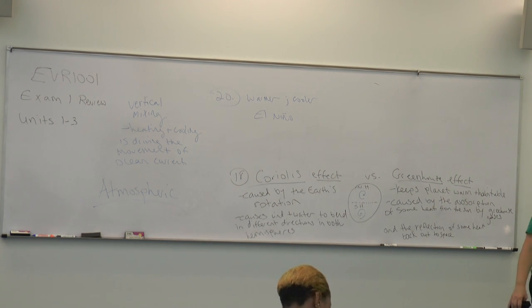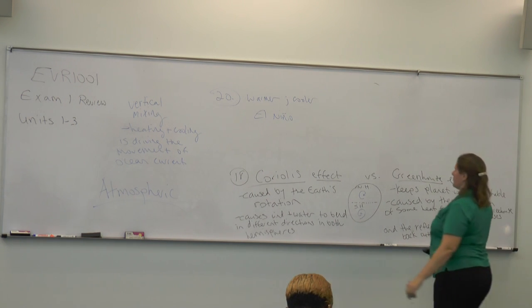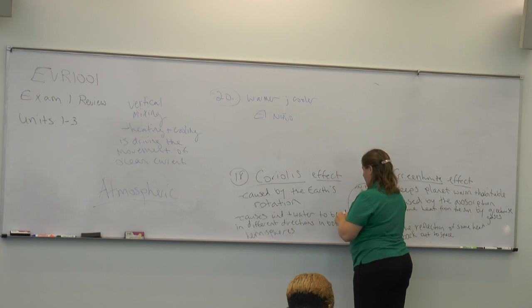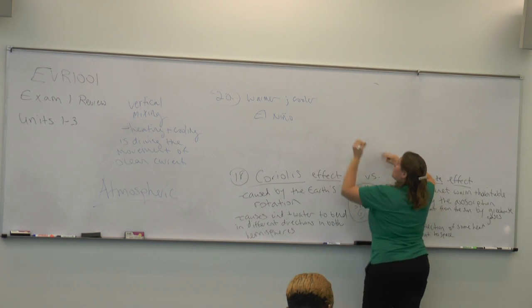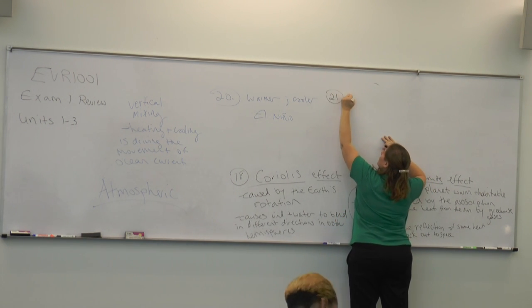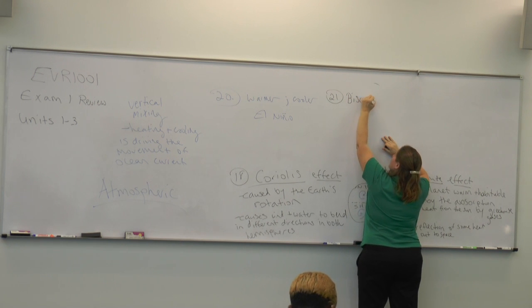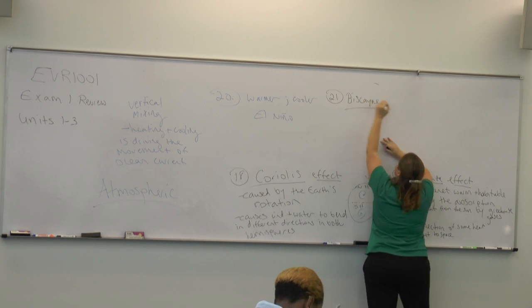Okay, and then something else we talked about yesterday in class was the differences between the two different kinds of aquifers that we have here in Florida. So we have the Biscayne aquifer and the Floridan aquifer.